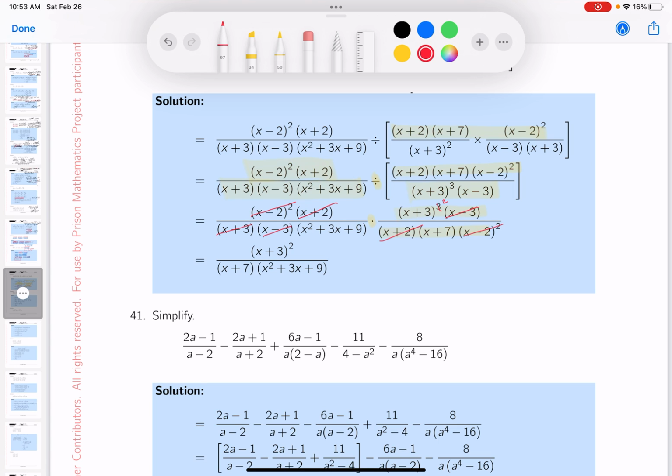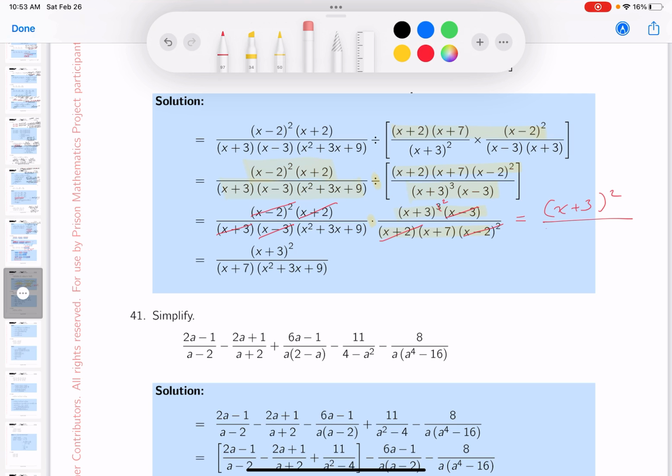So what am I left off with? On top, I'm left with x plus 3 squared. What are you left with on bottom? I'm sorry, I forgot to cancel the x minus 3. We're not left with x minus 3. My mistake.